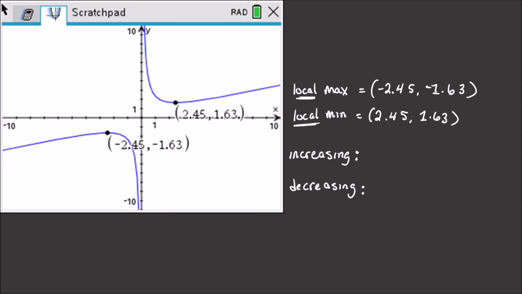So to the left of the local max, the function is increasing. And you can see that here. What's not clear to see is that it actually begins to decrease to the right. That's because we'd have to actually zoom in. And again, in a separate video, I'm going to show you how to do all this.